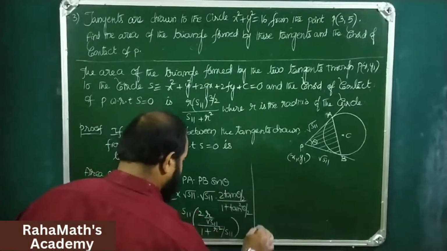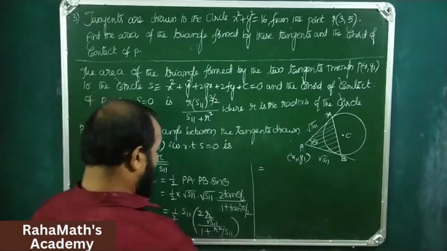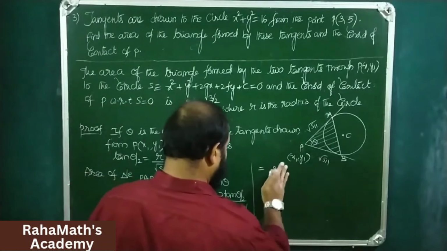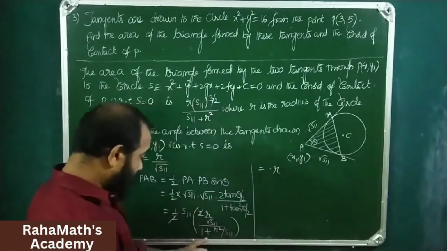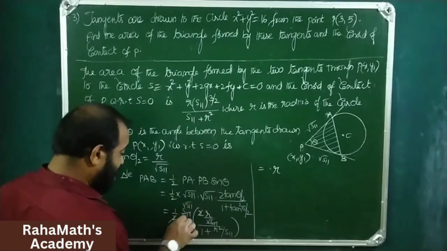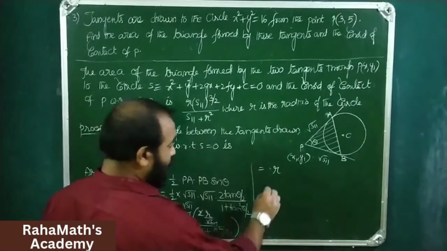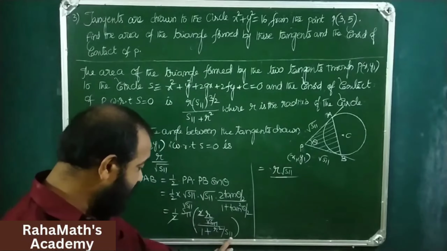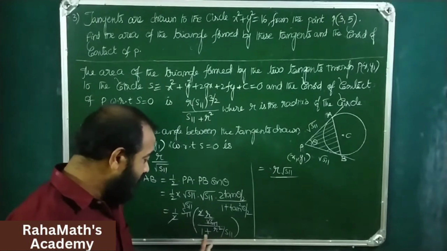The 2 gets cancelled. So R into root S11 by R square by S11 added to 1.